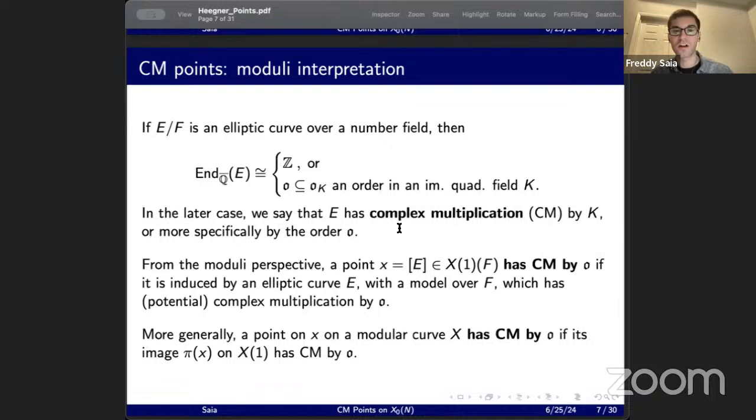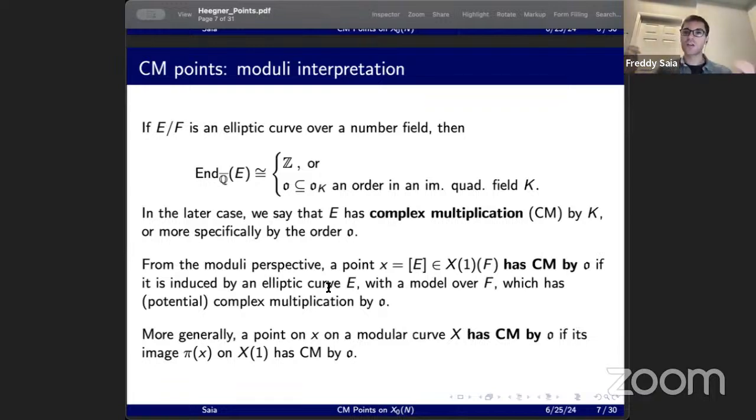What does it mean for a point on a modular curve to have CM? Well, it's what you think. It's induced by an elliptic curve with CM. So on the J line, that's exactly what it means, because a point on the J line X of 1 is just the data of a geometric isomorphism class of an elliptic curve. So a class of some E like this. We call that point an OCM point.